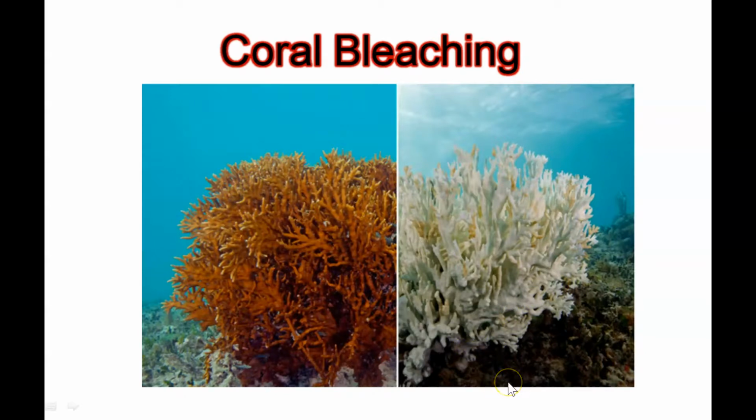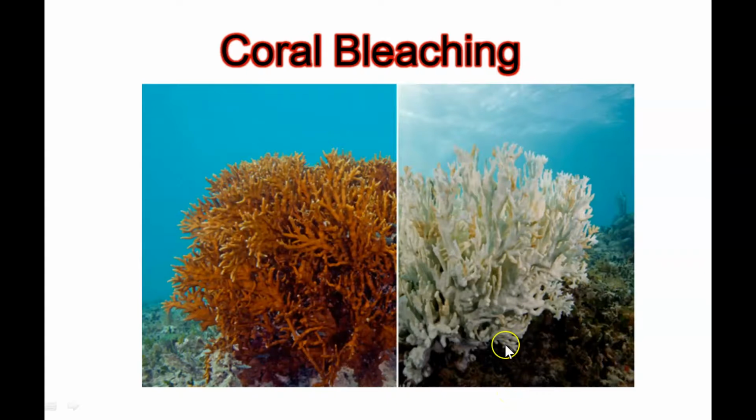It's very sad because coral reefs are very, very complex ecosystems. Very frequently we call them the rainforests of the ocean because there are so many different organisms that form mutually beneficial relationships with corals, including marine turtles, certain species of shark, sea anemone, clownfish, and many other interesting and unique species that are dependent on the coral.